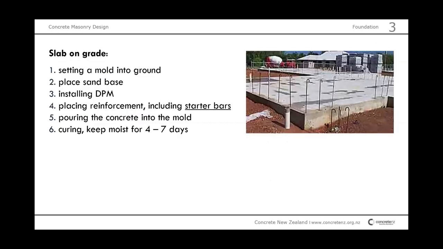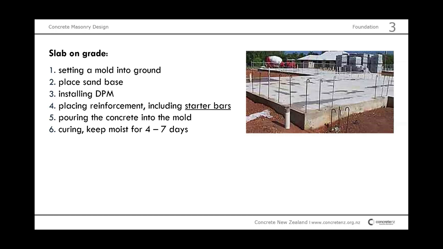Slab on grade, just some words, but I think you're very familiar with that. You excavate a bit, then you place a sand base, which protects the waterproof membrane underneath from being damaged by any sharp stones in the soil. Then you place your reinforcement, the 500E mesh on chairs to prevent it from falling down.